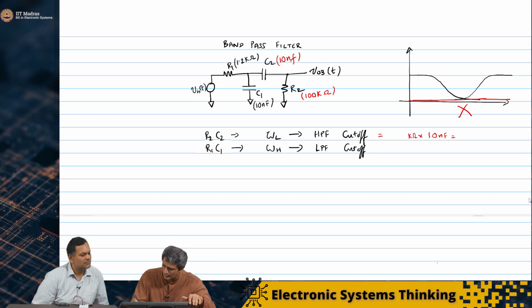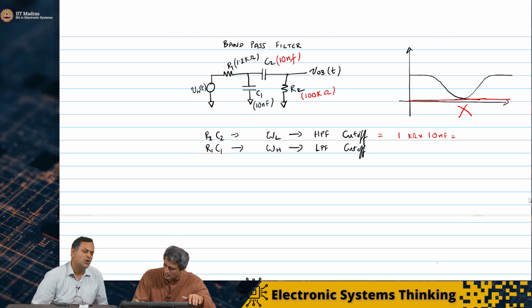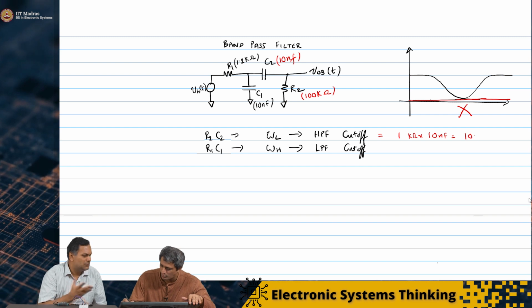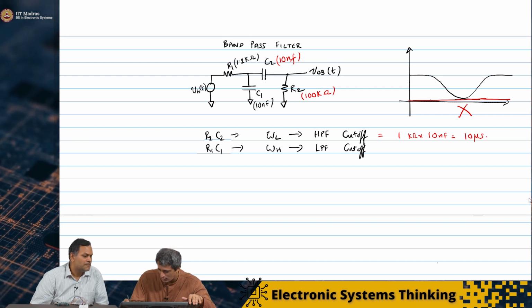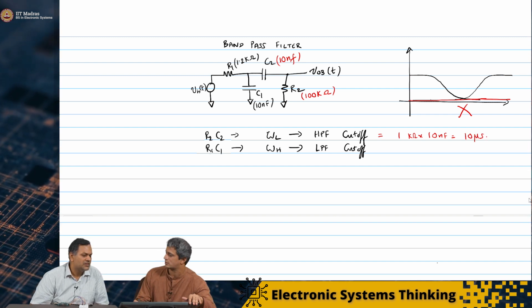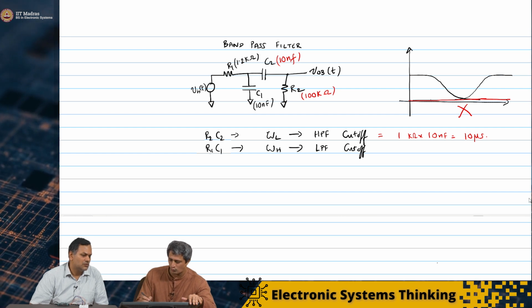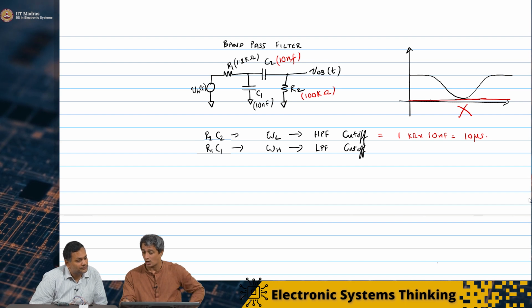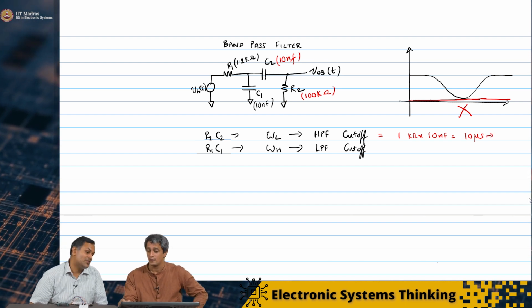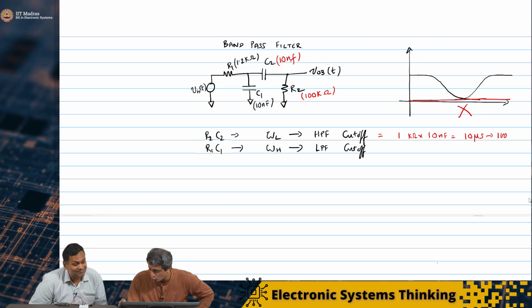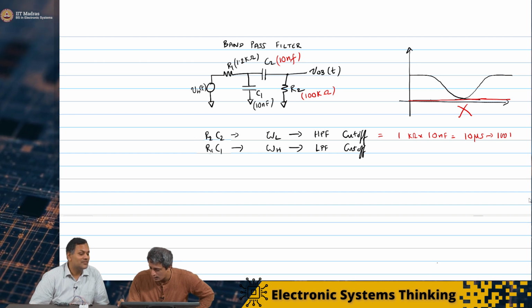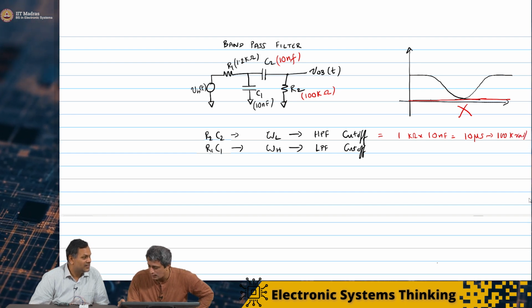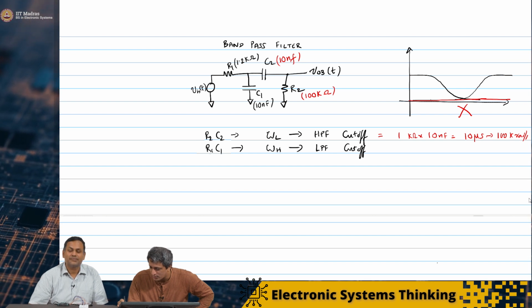Let's make it 1K, so it's about 10 microseconds. So that's about 100 kilohertz? No, that's about 100 kilo radians per second. Yes, this corresponds to 100 kilo radians per second.